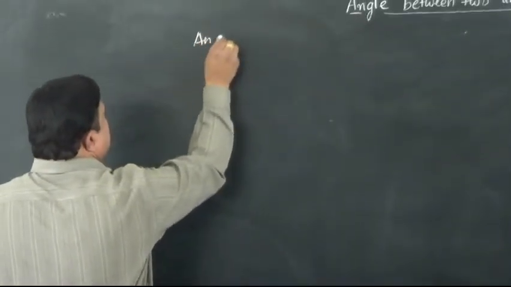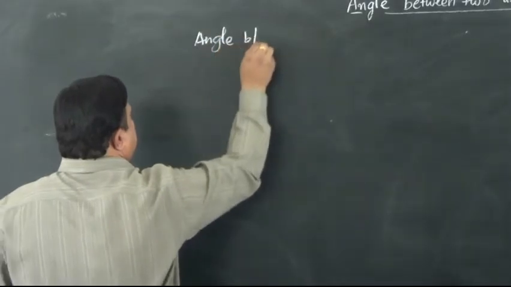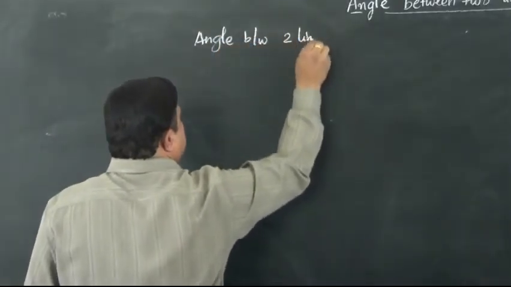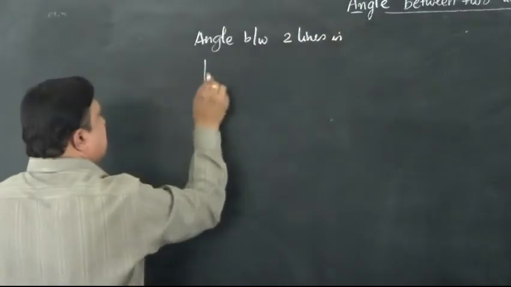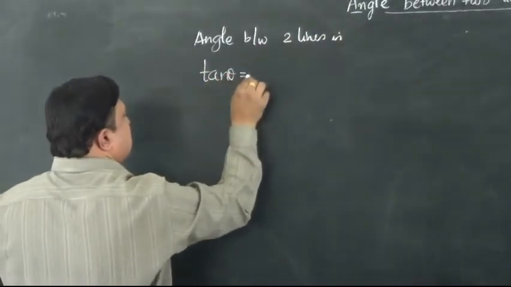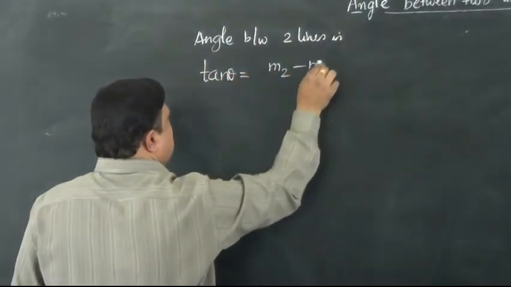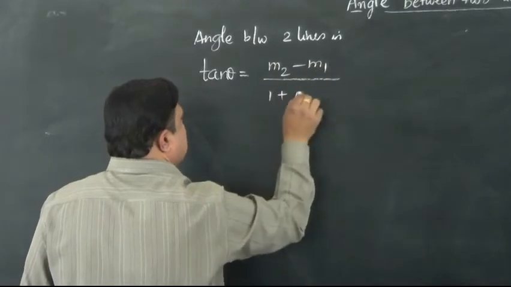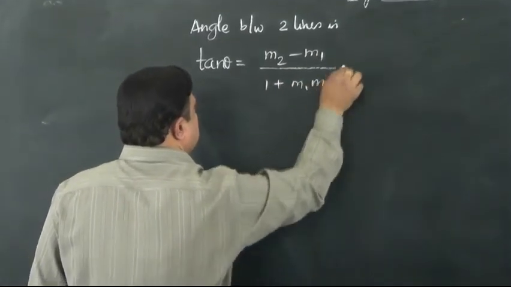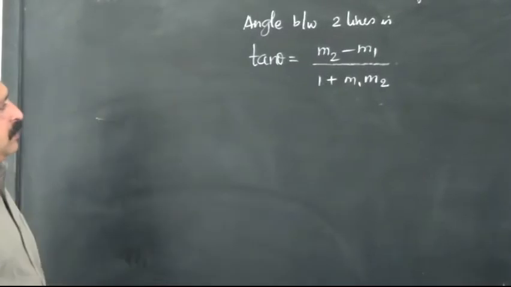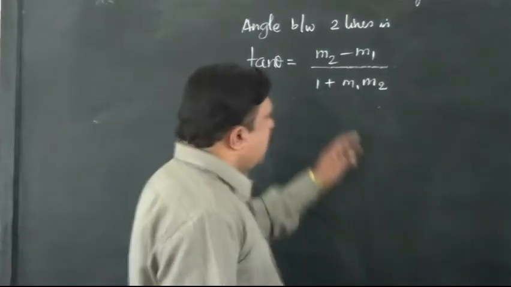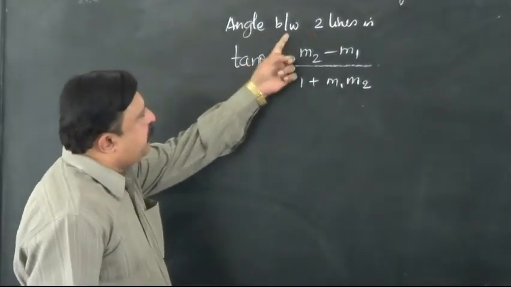So the angle between two lines is tan theta equals m2 minus m1 divided by 1 plus m1 m2. Now this formula gives the angle between two lines.